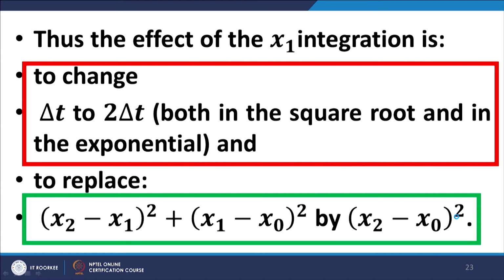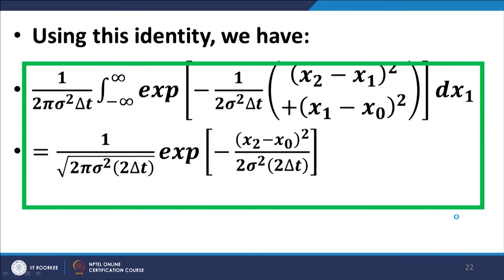Now, by using this formula, delta t has changed to 2 delta t in the exponential as well as in the prefactor, and the second thing is x2 minus x1 and x1 minus x0 have given us x2 minus x0. In other words, when we have integrated with respect to x1, the x1 has gone out and we are left with x2 minus x0.